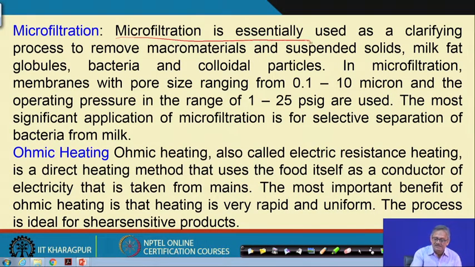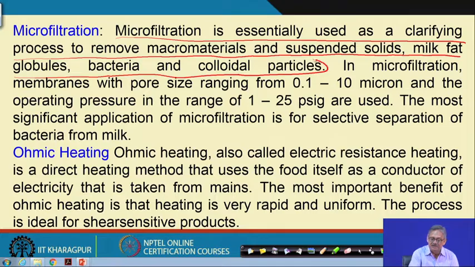Microfiltration is essentially used as a clarifying process to remove macromaterials and suspended solids, milk fat globules, bacteria and colloidal particles.